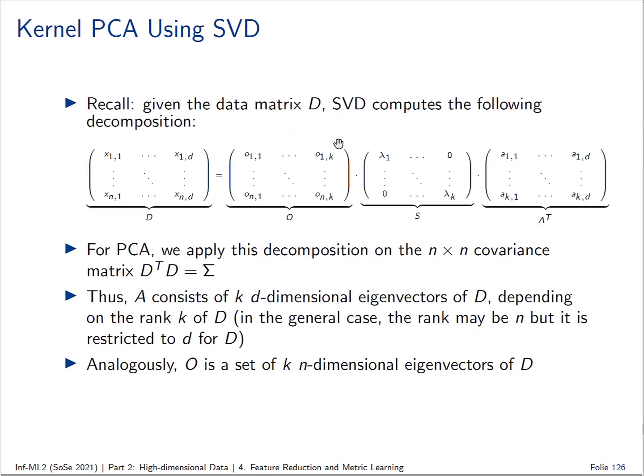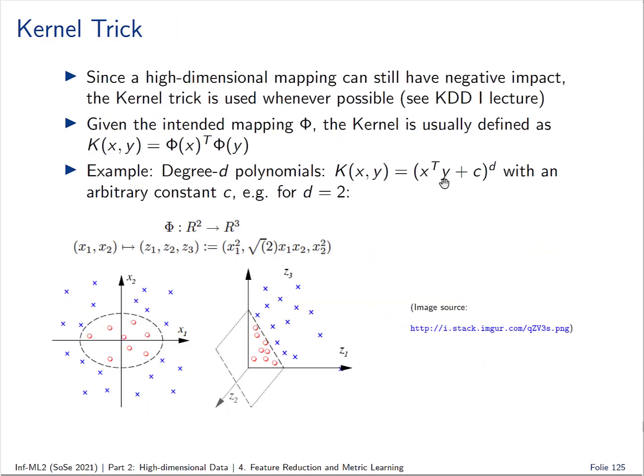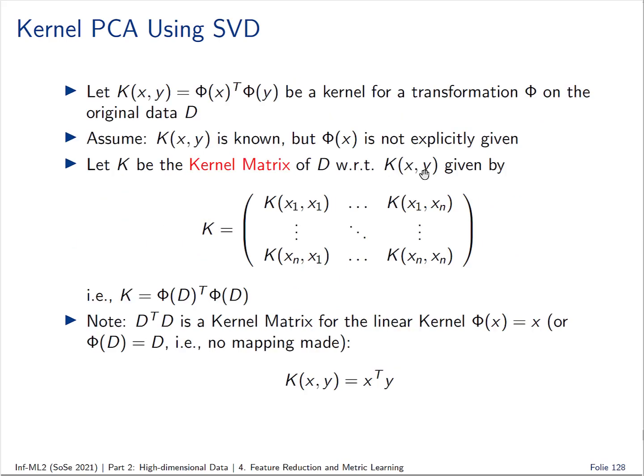The phi is not explicitly computed. So we don't compute the three-dimensional case, but we still work on the original two-dimensional data for the kernel function. The kernel function is known, but the phi is not explicitly given. We don't care about it. I mean, we know of course what it is because that defines the kernel function.